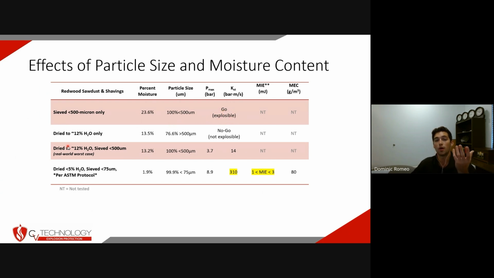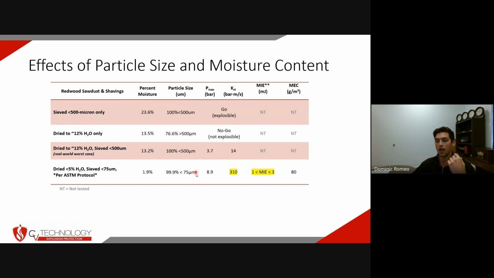However, if we only take those wood chips and dry them to 12% moisture content, it was deemed non-explosible. But if we dried it to 12% moisture content and sieved it, it was determined as explosible, and it actually came back with KST and Pmax values, which are explosibility values that we'll talk about a little farther down the road.